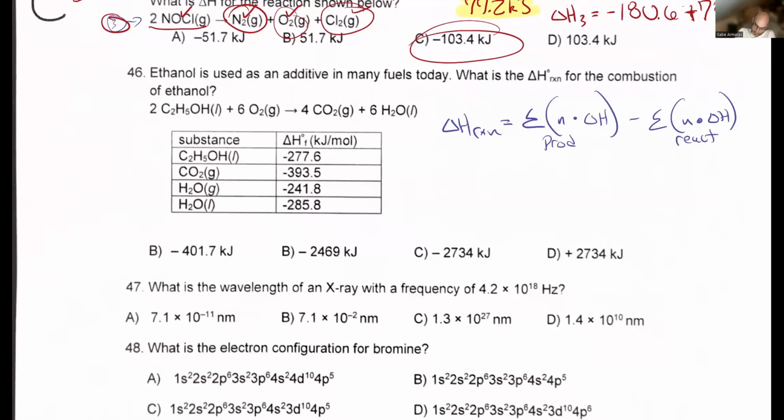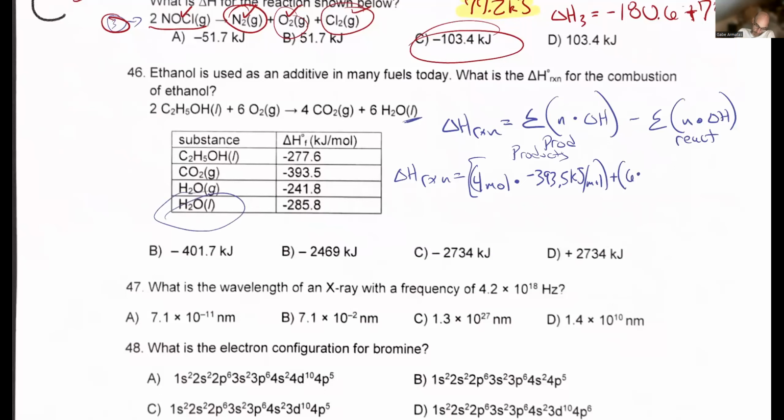So in this case, delta H of reaction is equal to, a summation is just basically doing that math for all of them. So for my products, I have 4 moles of CO2. I'm going to use the units for the first one, and then I'm going to ignore them. 4 moles of CO2, and CO2 has a negative 393.5 kilojoules per mole to form it, plus, so there's the summation part, 6 moles of water times, now this is important, this is liquid water.